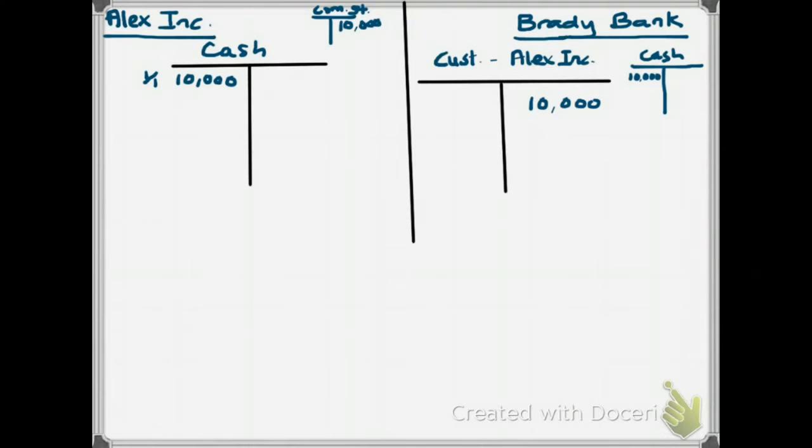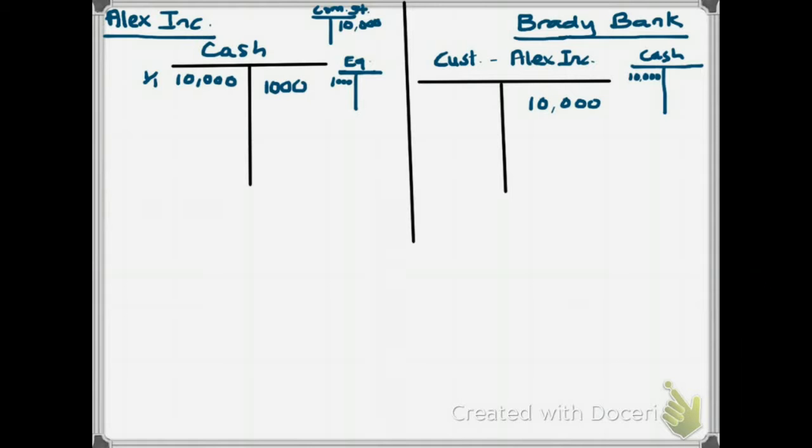Now let's take a look at the next transaction. The next transaction is Alex Inc. bought equipment for $1,000. So in our books, we are Alex Inc. Remember, we are going to debit our equipment account for $1,000 and credit our cash for $1,000. Again, typically when we pay cash, it's by check.